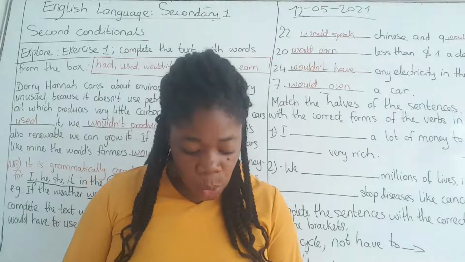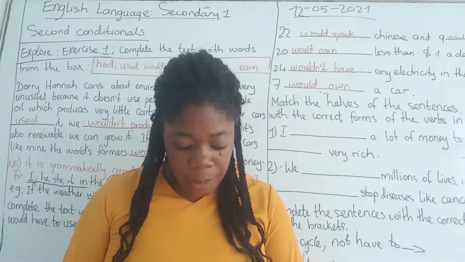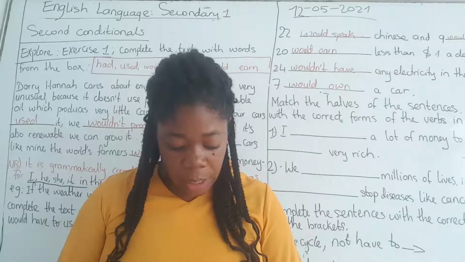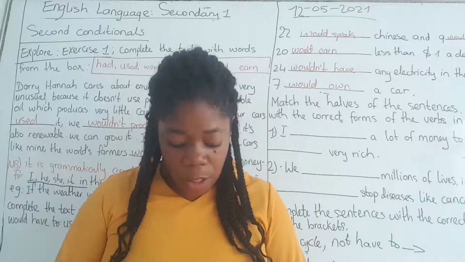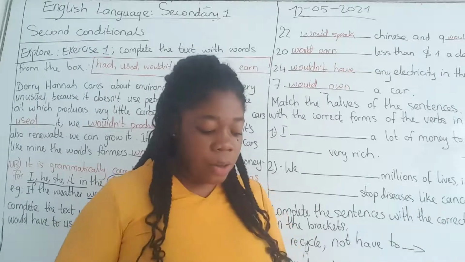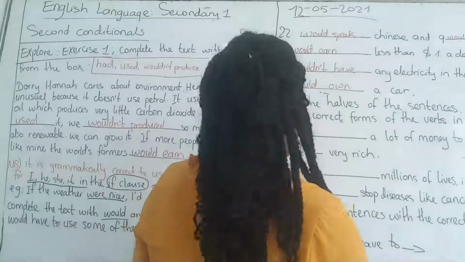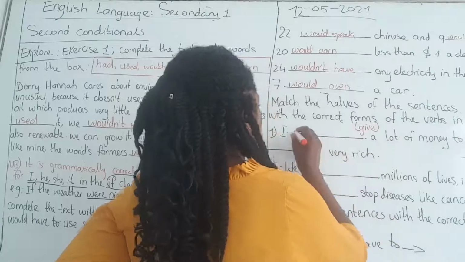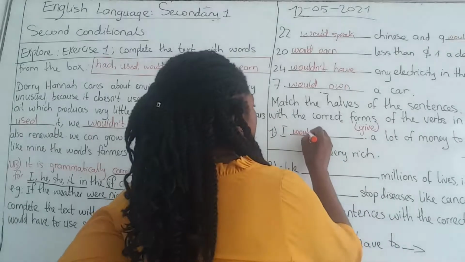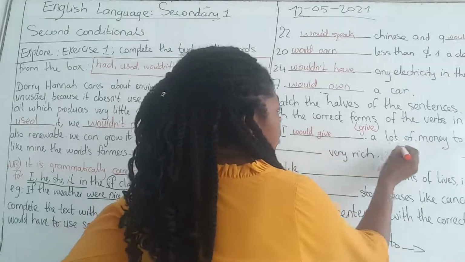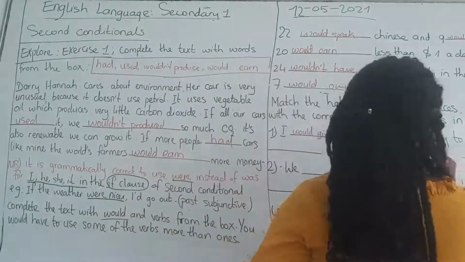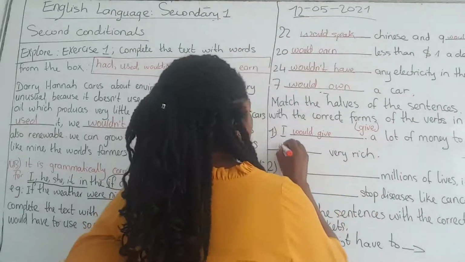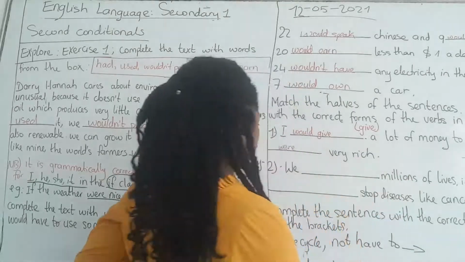So sentence number 2 is matched to letter D. I would give a lot of money to charity if I were rich. I would give, because the word in brackets is give. So I would give a lot of money to charity if I were very rich.